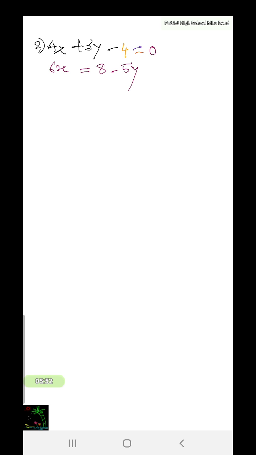Solve the following simultaneous equations using Cramer's rule. Now, arranging these equations in the standard form, we have 4x plus 3y is equal to 4. 6x plus 5y is equal to 8.